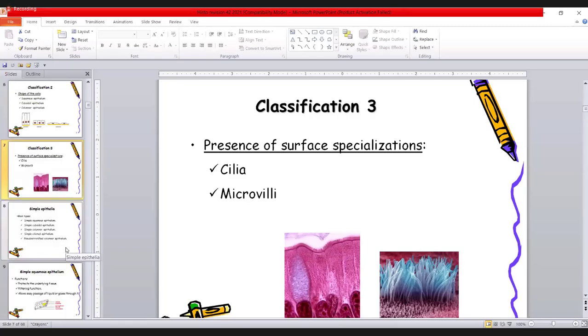Quickly tell me how many types of simple epithelia? 3. What are those? Simple squamous, simple cuboidal, simple columnar. Still you could improve on that. Simple epithelia, I would say there are 4 types.